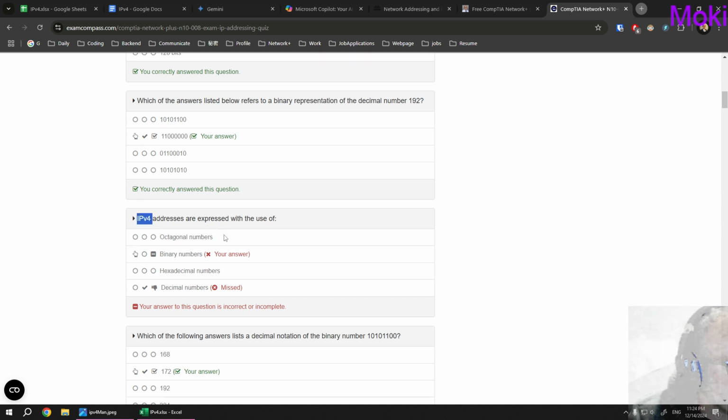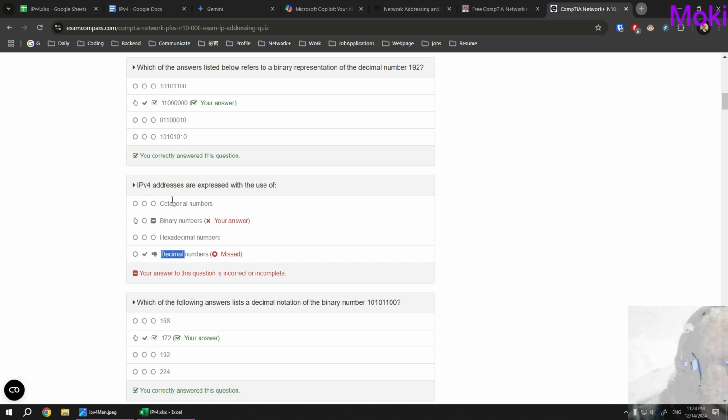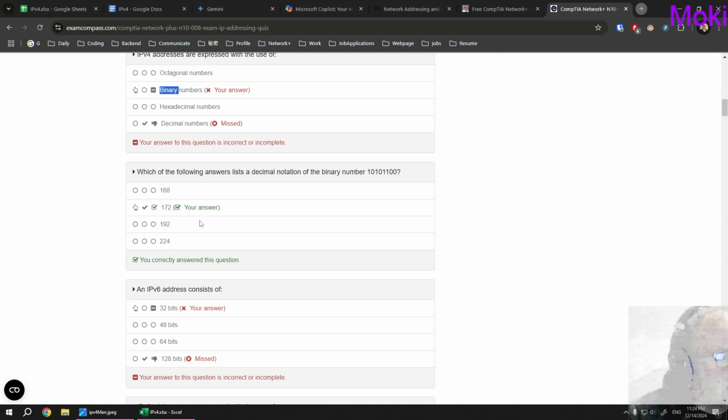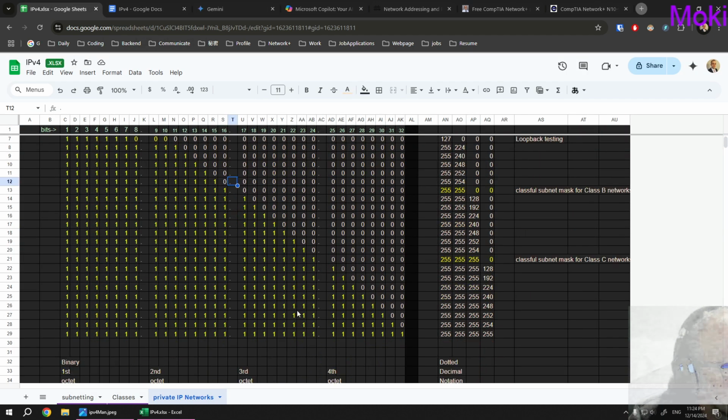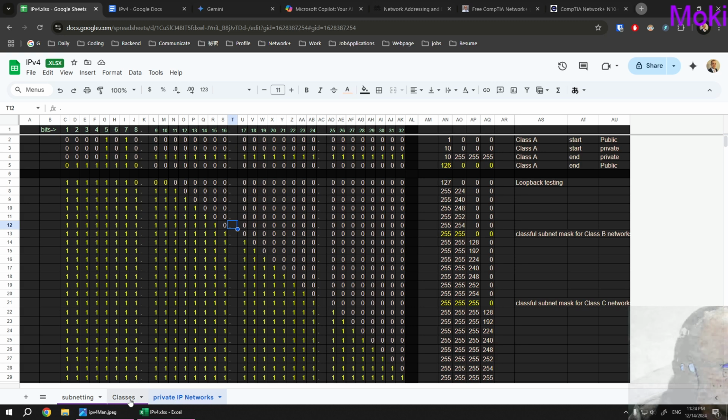IPv4 addresses are expressed with decimal, not hexadecimal. I was stupid to actually say that. I started to actually focus, and still made a mistake here. 10101100 is 172. How are you going to memorize that? I highly recommend making some form of a sheet.